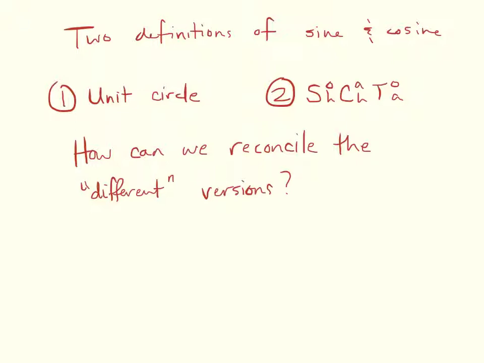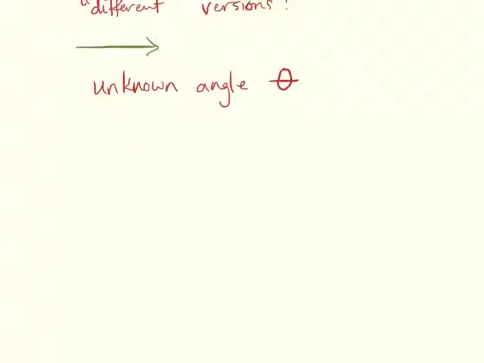So the first example would be, we're going left to right. I'm going to start with some information about a right triangle. We don't know the angle. We have an unknown angle theta. But we do know the measurements of a right triangle.